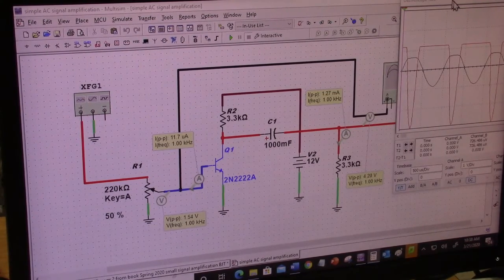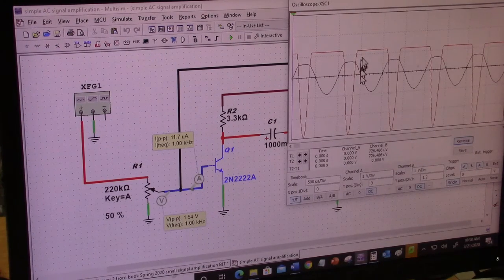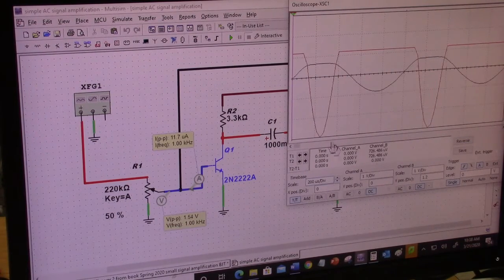The problem with this particular amplifier is that you notice that half of the waveform gets cut off. So it's not desirable in that sense. It only conducts during the positive going waveform, so nothing is happening during the negative going waveform.